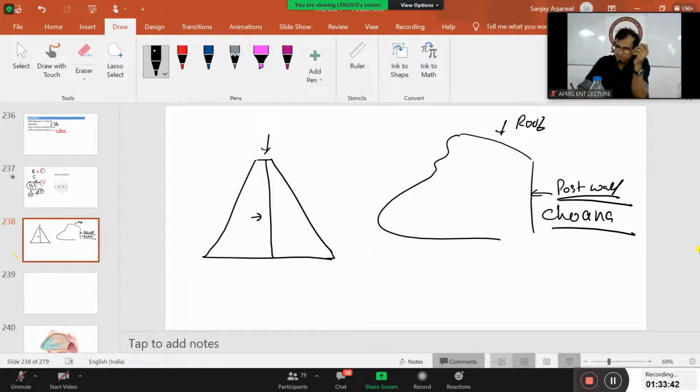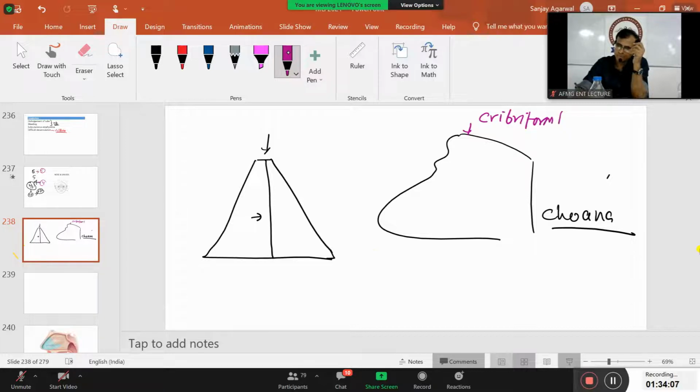Now let us talk about the roof of the nose. The roof of the nose is made up of 2 main bones: the cribriform plate and the fovea ethmoidalis.